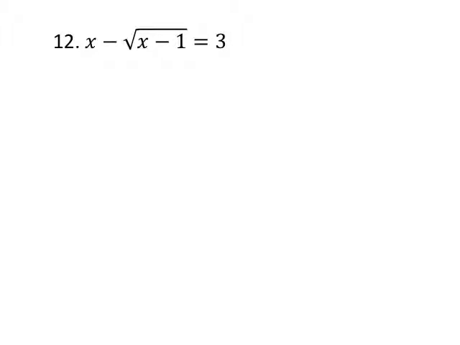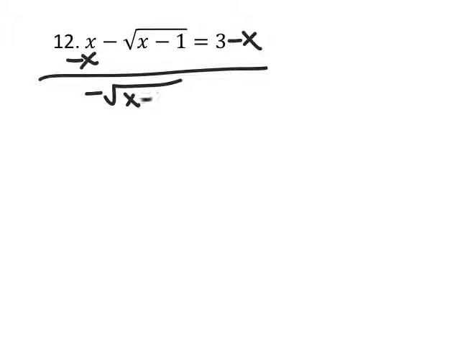Alright, for number 12, what we're going to do is solve once again, but what we need to do is get everything away from that square root of x minus 1. So in other words, we're going to subtract x from both sides. So that's going to give us a negative square root of x minus 1 equals 3 minus x.